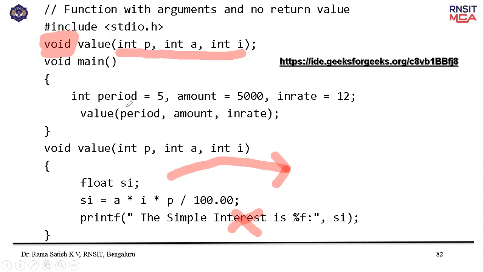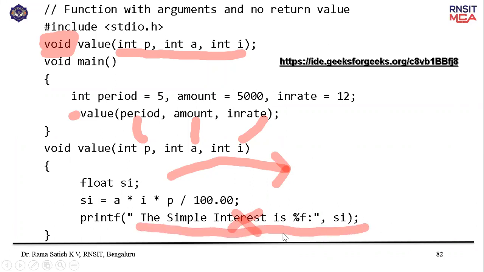Integer period, amount and rate are all being passed here, but there is no return value. Once these values are passed, P is passed to period, amount is passed to A, and rate is passed to I. The same values A, I, and P are used to calculate simple interest, and of course the same simple interest is displayed here.